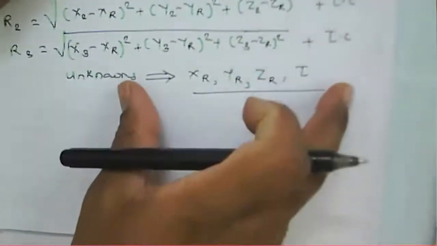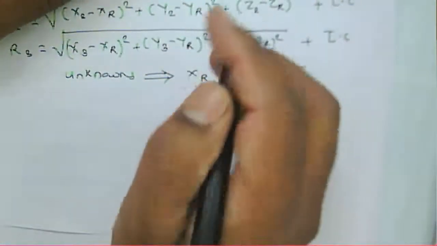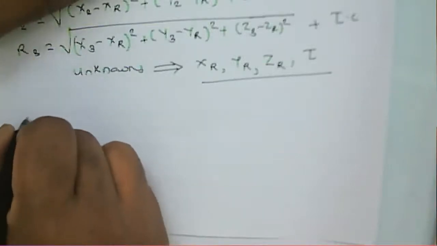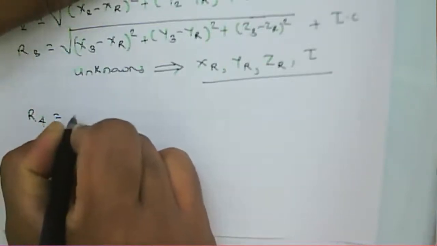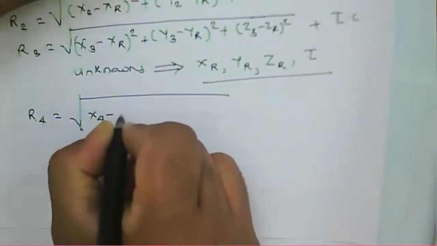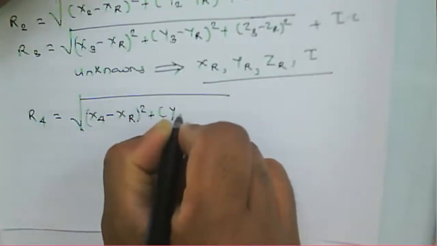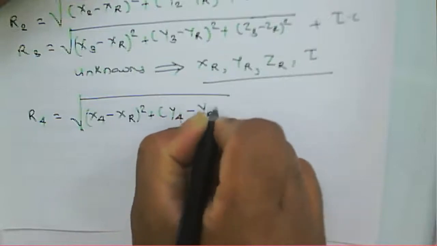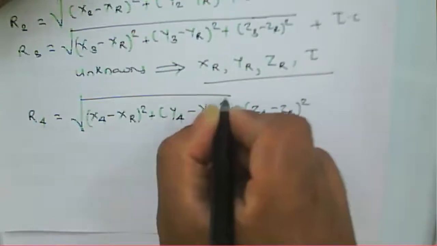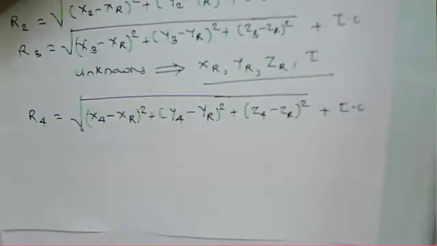So to obtain this particular pseudo range equation, we need to use a fourth satellite. Instead of three satellites, we use a fourth satellite. Fourth satellite R4 is equal to the square root of (X4 minus XR) squared, (Y4 minus YR) squared, (Z4 minus ZR) squared, plus the offset error.